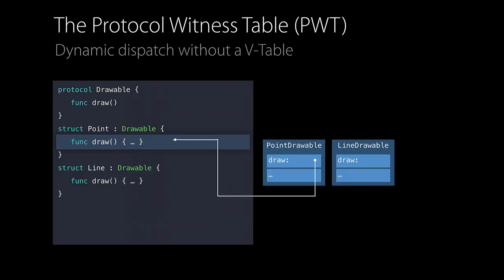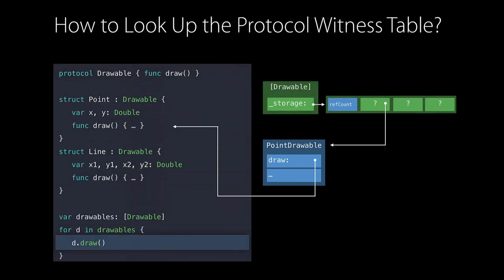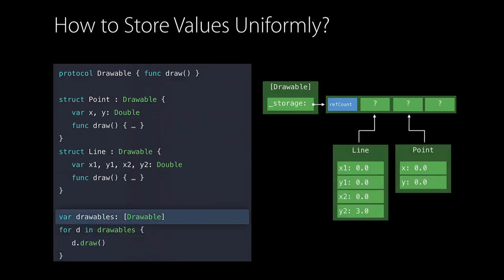OK, so now we know how to find that method. But there's still a question. How do we get from the element in the array to that table? And there's another question. Note that we now have value types, Line and Point. Our Line needs 4 words. Point needs 2 words. They don't have the same size.